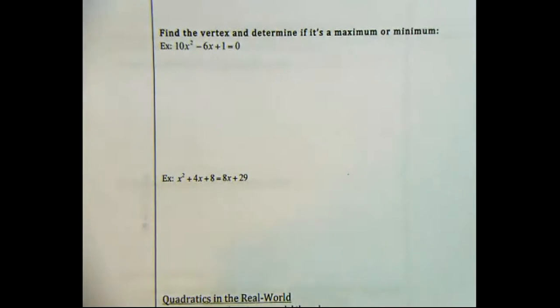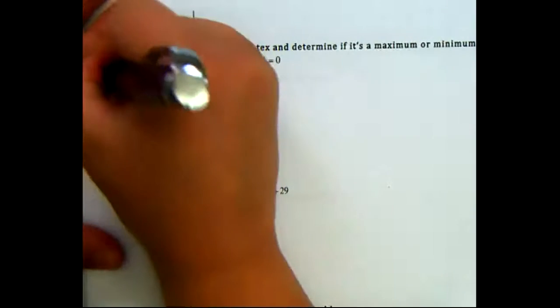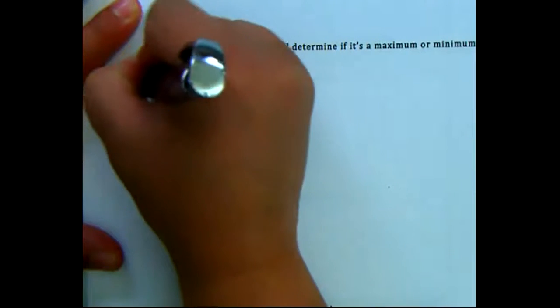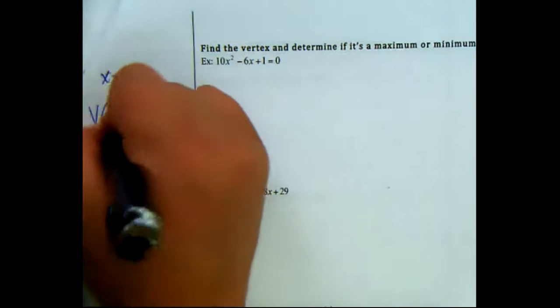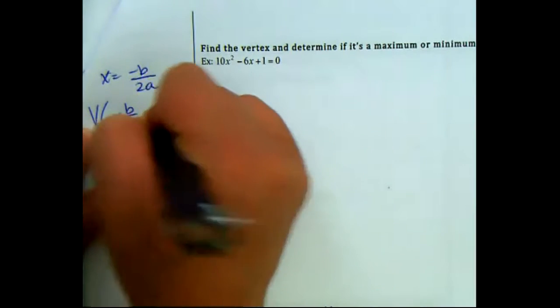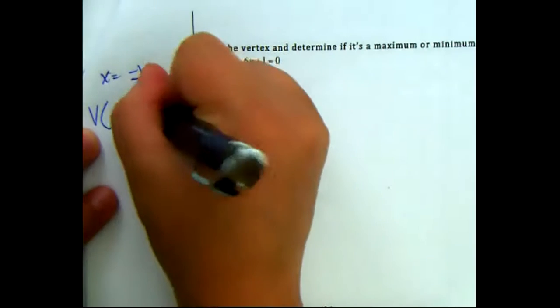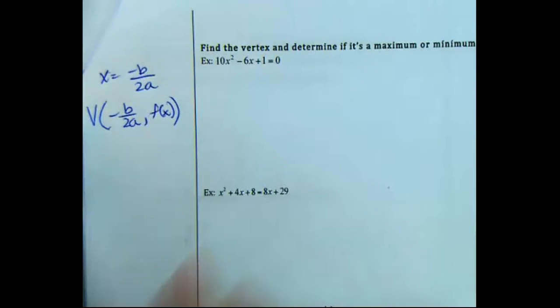Remember, we're in standard form here, so our vertex is found by doing x equals negative b over 2a, and then plugging that into our function.